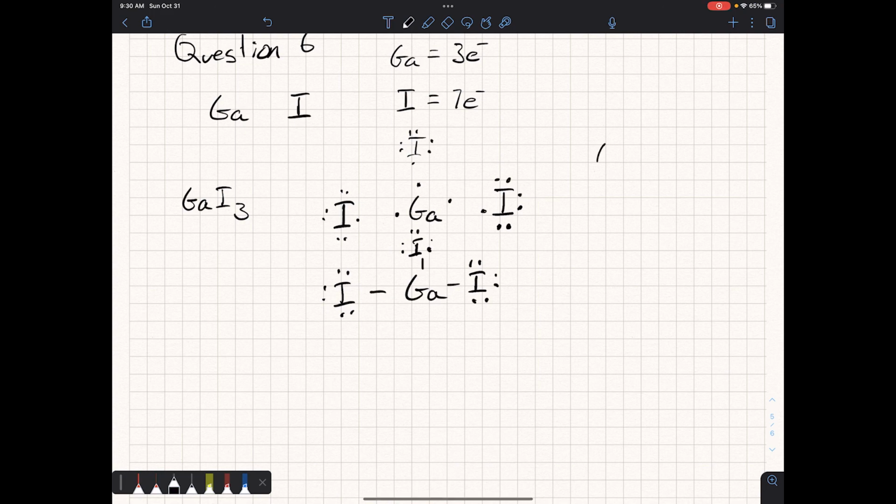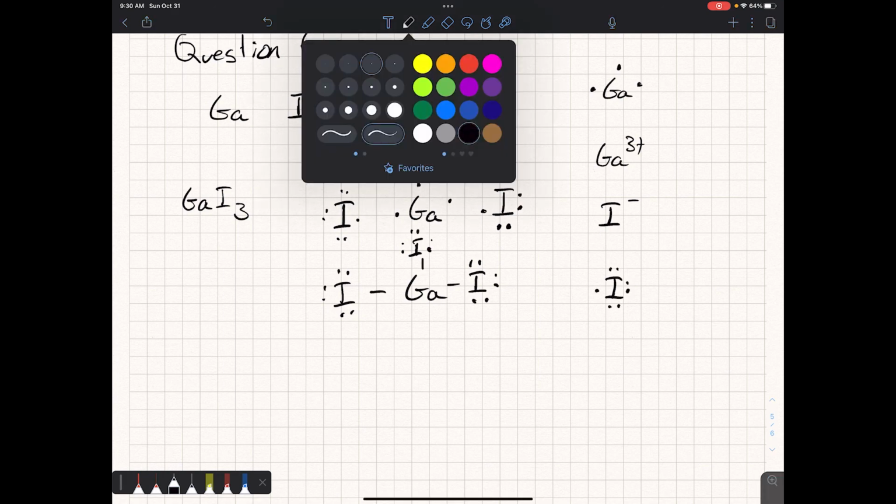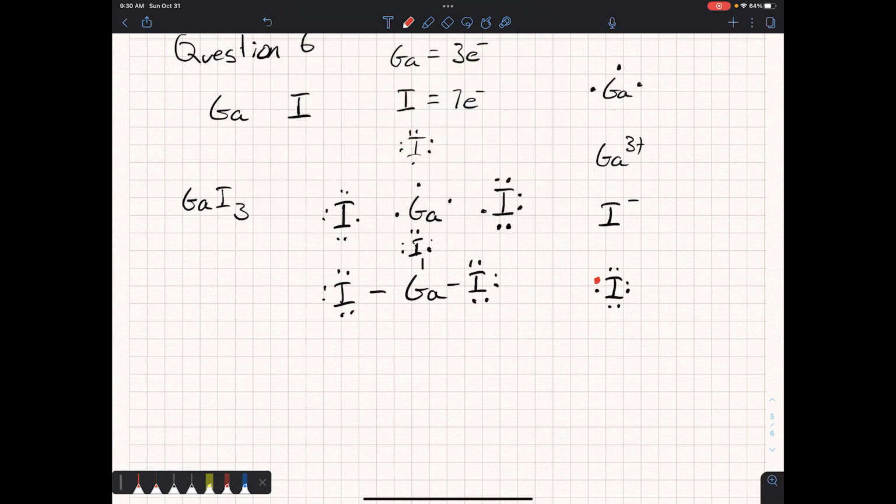And then the most common charge formed by gallium, 3+, which would be our gallium with its 3 electrons. If it gives away these 3 valence electrons, then it's going to have a 3+ charge. And that's why this is the most common ion that it forms. Iodine most commonly forms a 1- charge, because if we have iodine with 7 electrons, and it gains 1 more valence electron, it's going to have a minus charge.